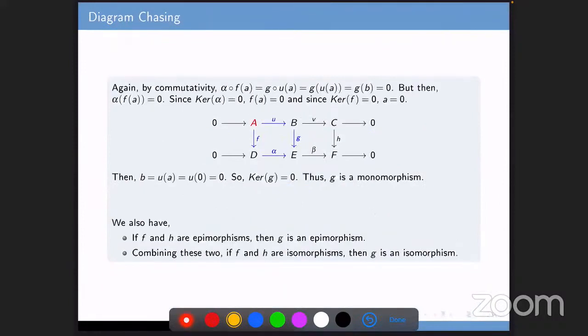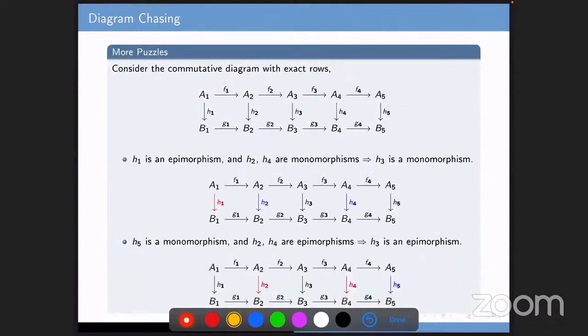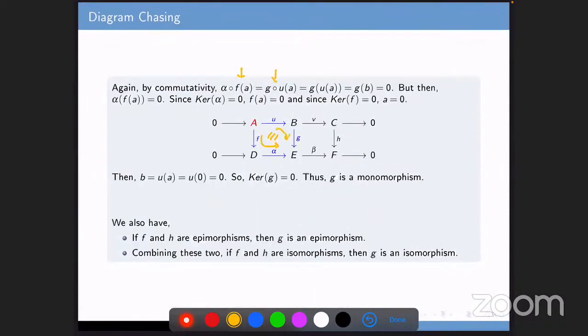Again, by commutativity of this square, if we apply alpha composed with F to this element, it is going to be equal to G composed with U applied to A, right? Okay, from commutativity, we know that. And this means UA is equal to B here, right?